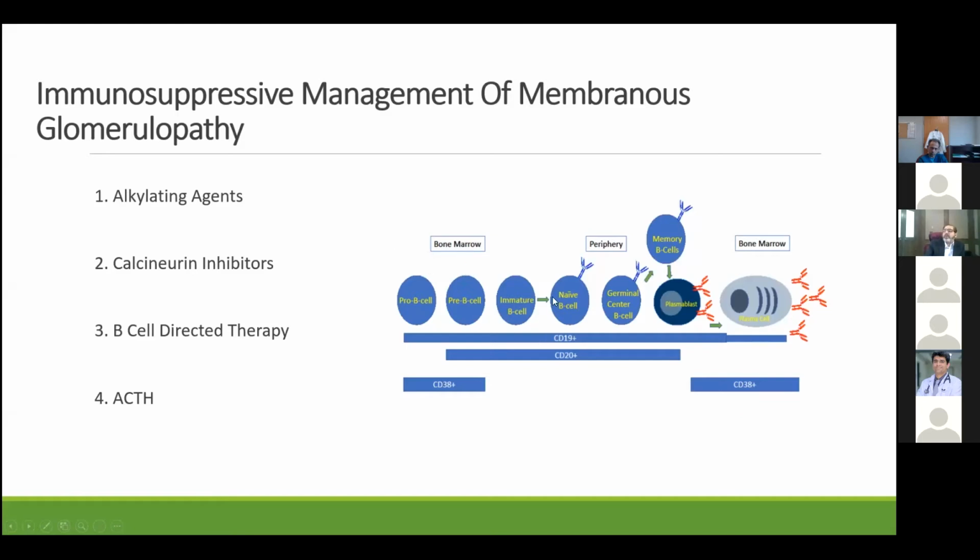So depending on where you are and depending on what type of identity tag you're wearing, you can select your therapy. And then ACTH, both recombinant and natural, have been used, but we're not going to talk about ACTH too much today. Our focus will be on figuring out how to treat membranous using these three frontline agents.